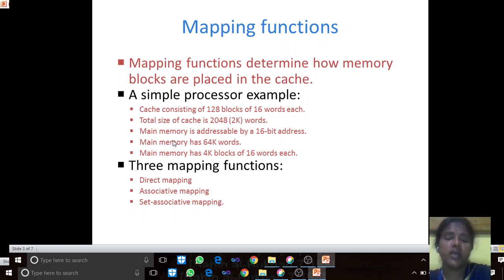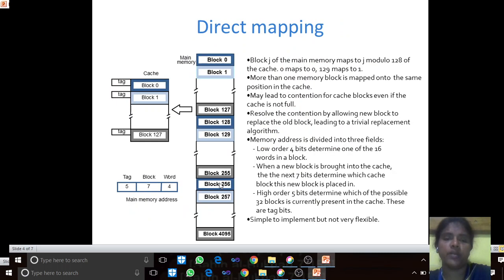With this example, let us discuss all three types of mapping: direct, associative and set associative mapping in detail. Let us take the direct mapping. The cache has 128 blocks, starting from block 0 to block 127.